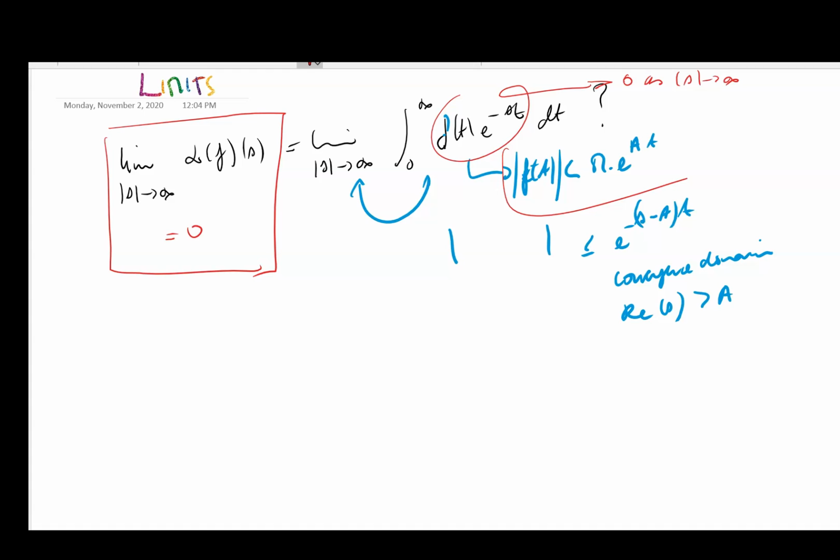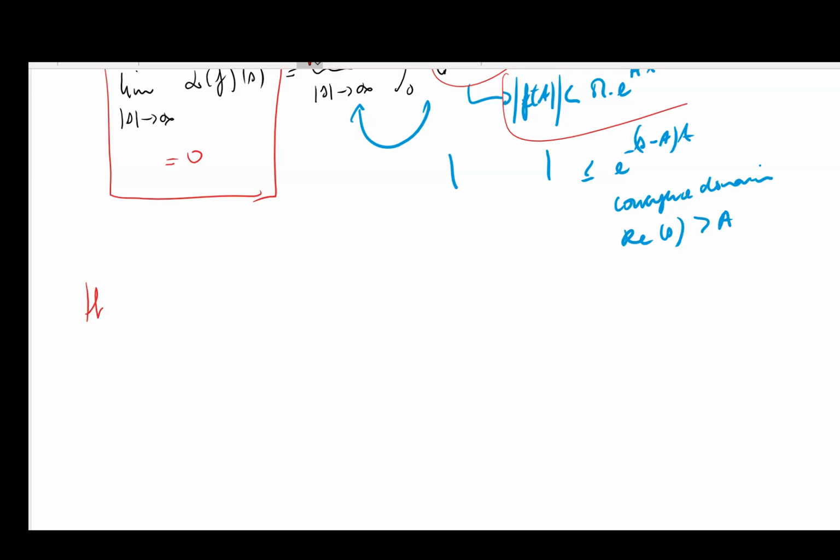Okay, then we have this theorem, which is called the theorem of initial and final values. Okay, so what is that saying?